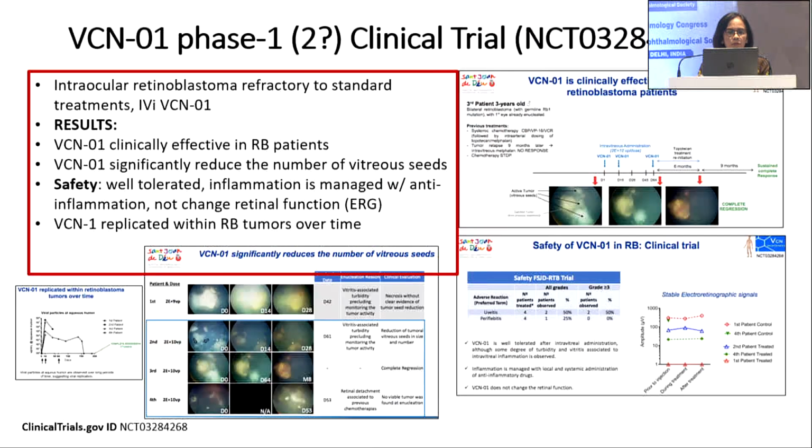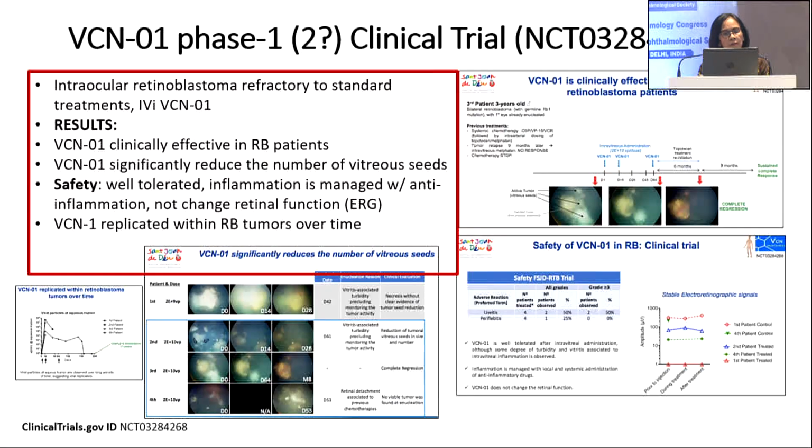This is just to show a very busy table about the phase 1 VCN01 trial. You can read it in the publication in the references, but the result is promising that VCN01 is clinically effective in RB patients.